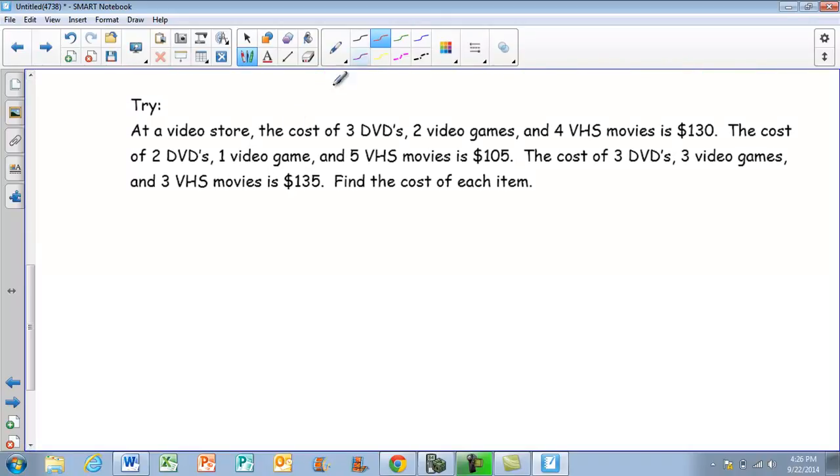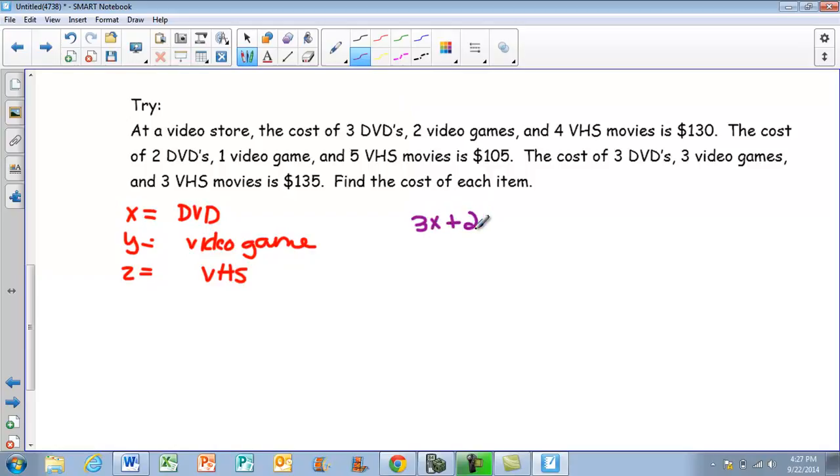So again, first thing I'm going to do is identify my variables. So X is going to be the DVD. Y is going to be the video game. And Z is going to be the VHS. For my system then, I have 3x plus 2y plus 4z equals 130.